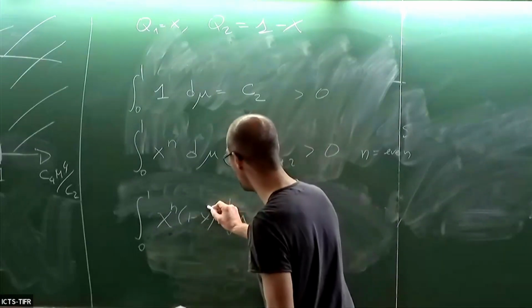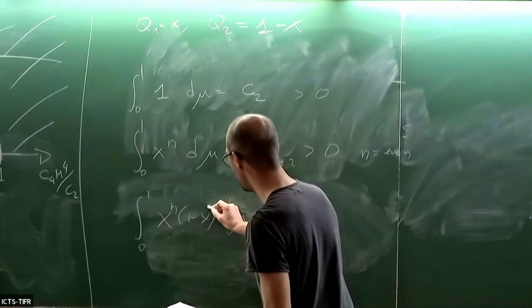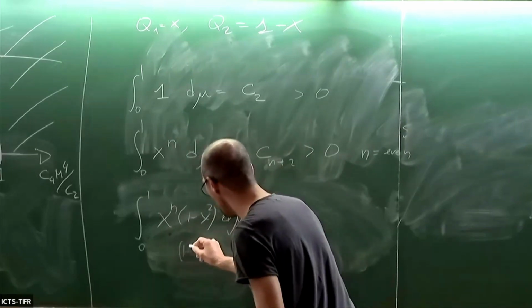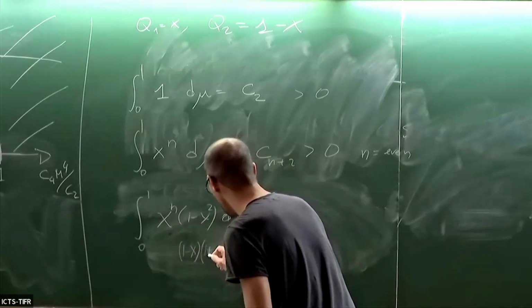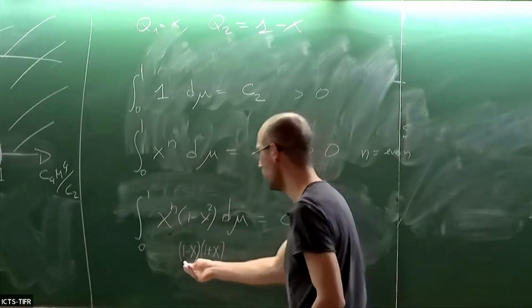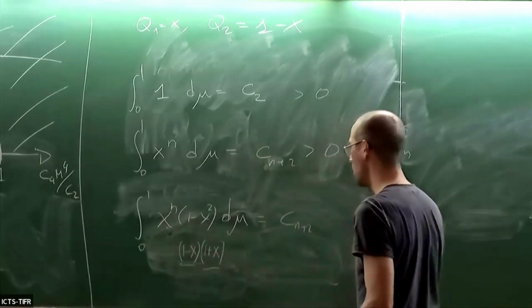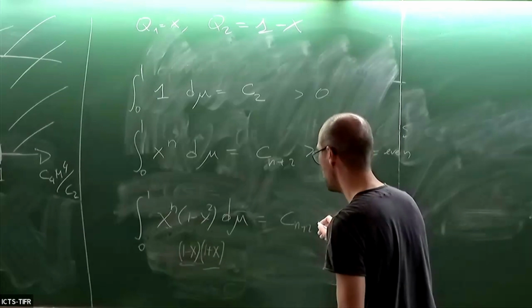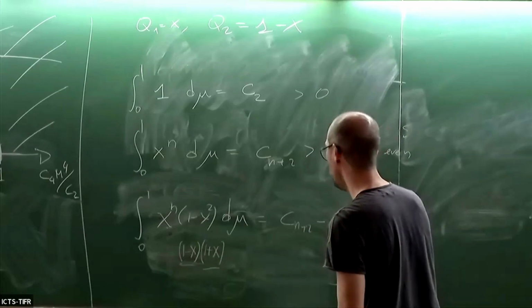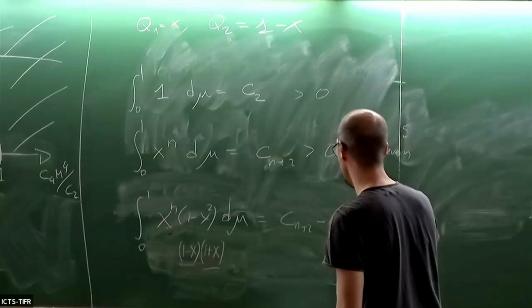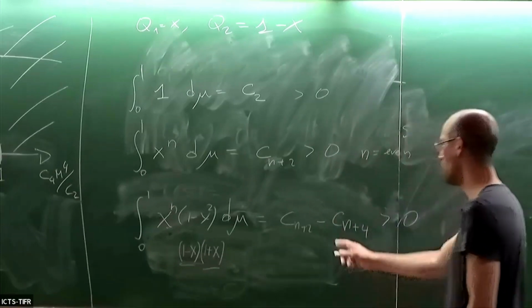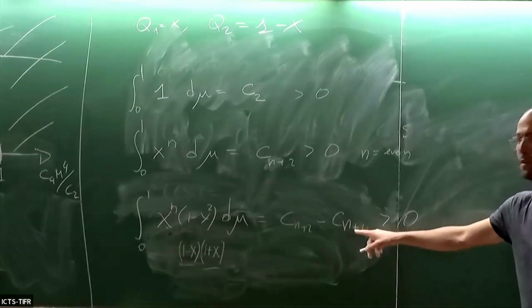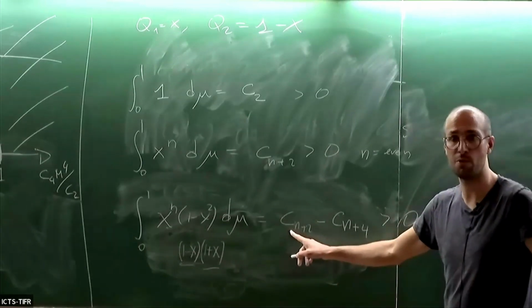Yeah, we need to put this one: 1 minus x squared, which is 1 minus x, 1 plus x. So this is positive, this is positive, this is positive, so this is good. So this one is Cn minus 2. Yeah, so in my notes, sorry, I had it wrong, but this is Cn minus Cn plus 4 has to be positive. So it's the monotonicity condition we were saying before, right? I increase the Wilson coefficient, it has to be less than the previous one.